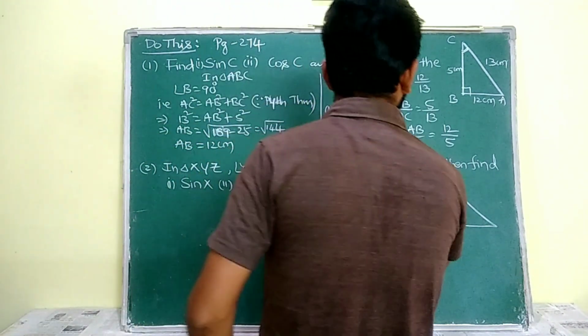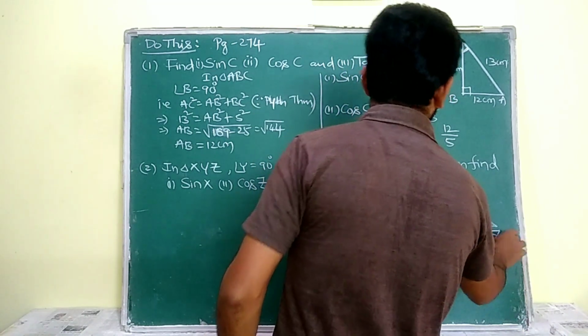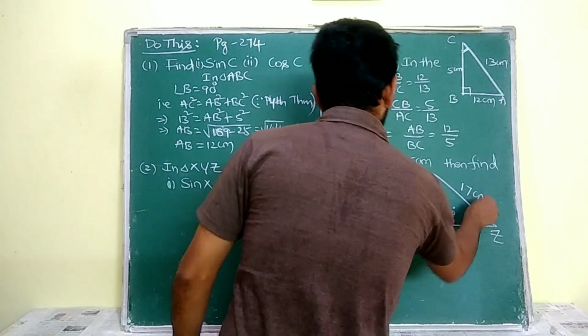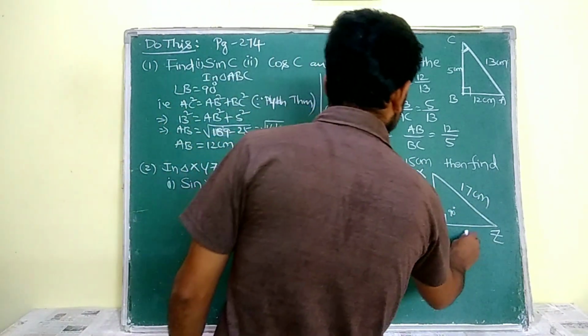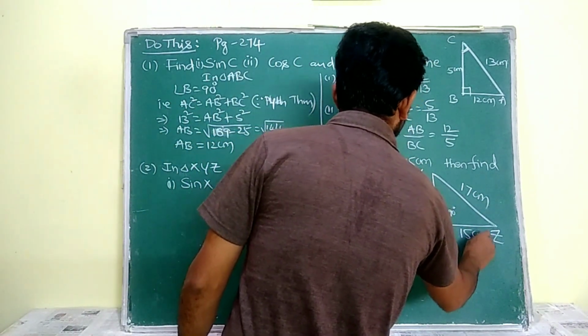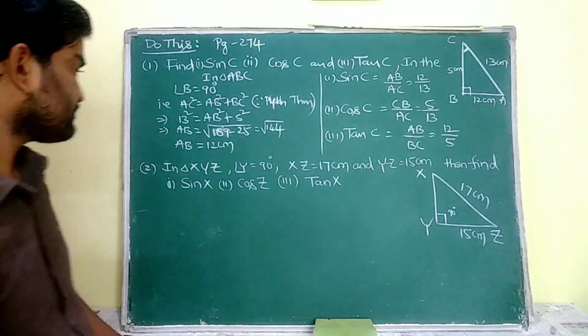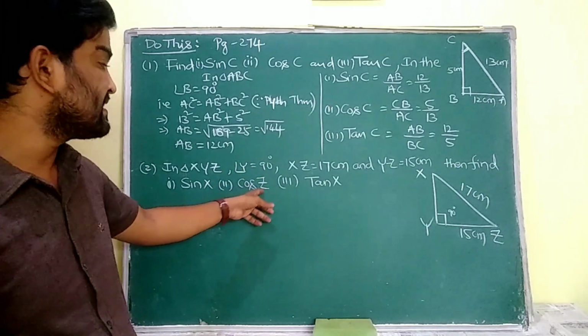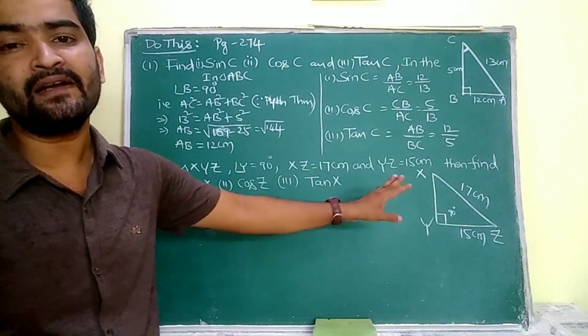Now XZ is given as 17 centimeters, and YZ is given as 15 centimeters. Now he is asking you to find sin X, cos Z and tan X in the given triangle.